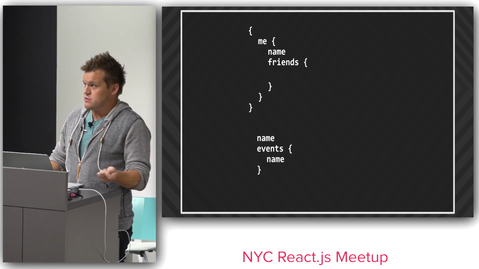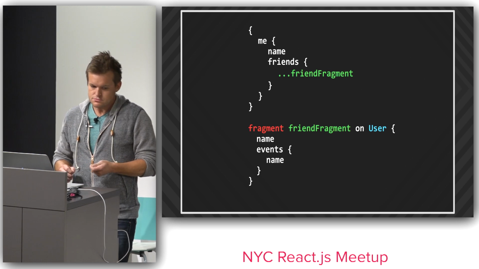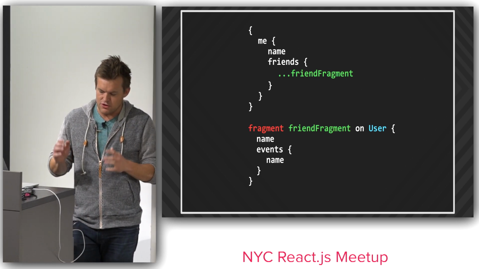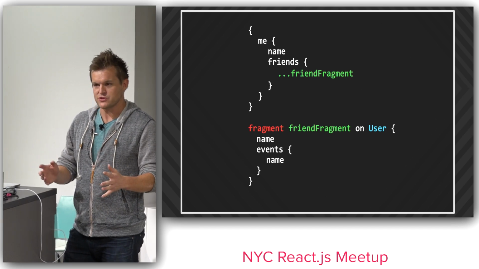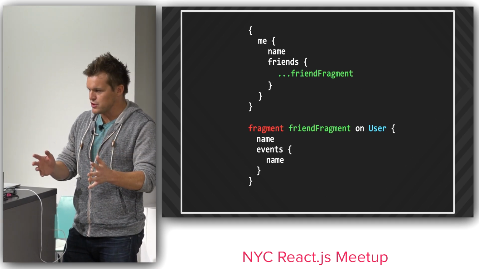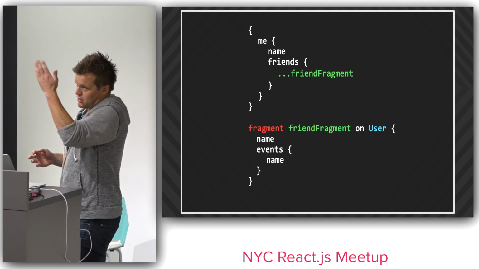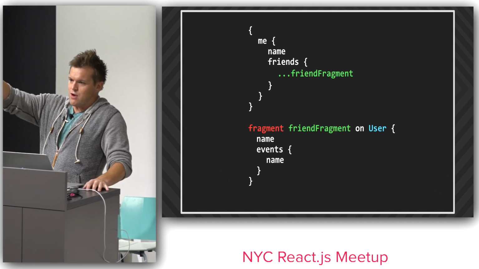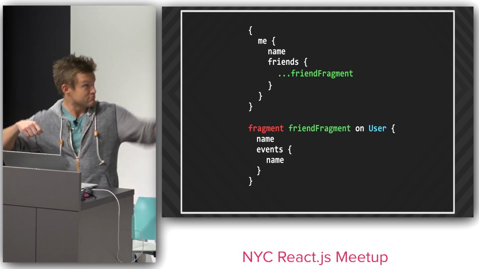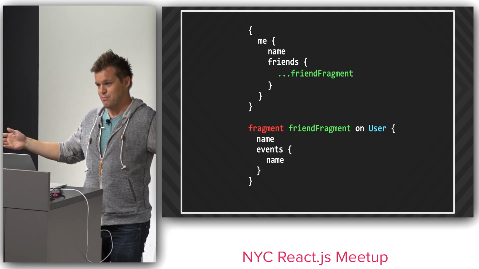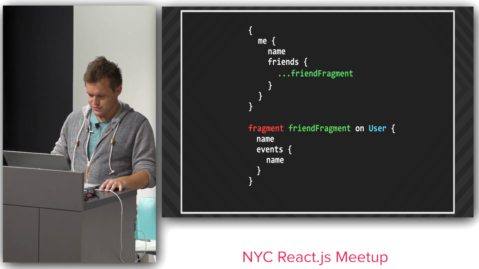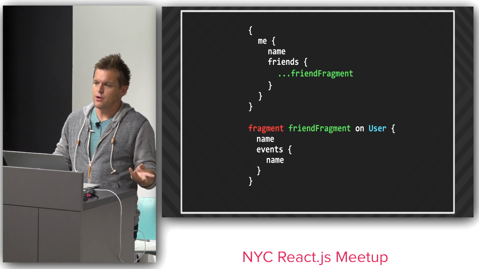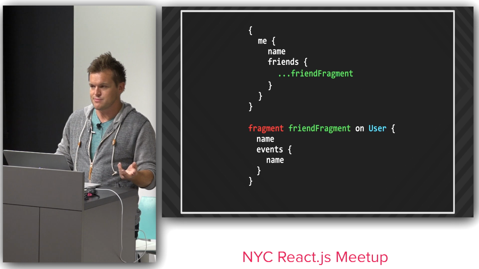And so we have a unit of decomposition called a fragment. Fragments are as core to GraphQL as functions are to programming languages. Right? It's our primary unit of decomposition. So we actually steal the fragment reference sigil up there. It's just like the JavaScript spread operator, kind of similar semantics. So it's a little homage to JavaScript. And the ability to compose queries like this is actually just essential to managing complexity.